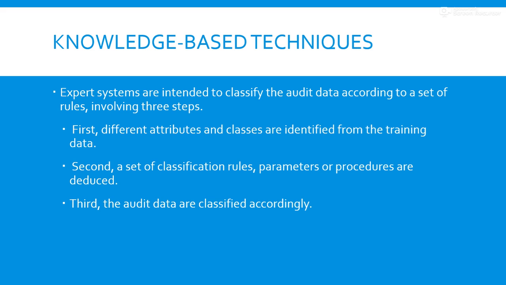First, we need to define different attributes and classes which are identified from the training data. Then a set of classification rules needs to be defined based on parameters or procedures which are going to be deduced. And the third is that audit data are classified according to the set of rules that you have defined.